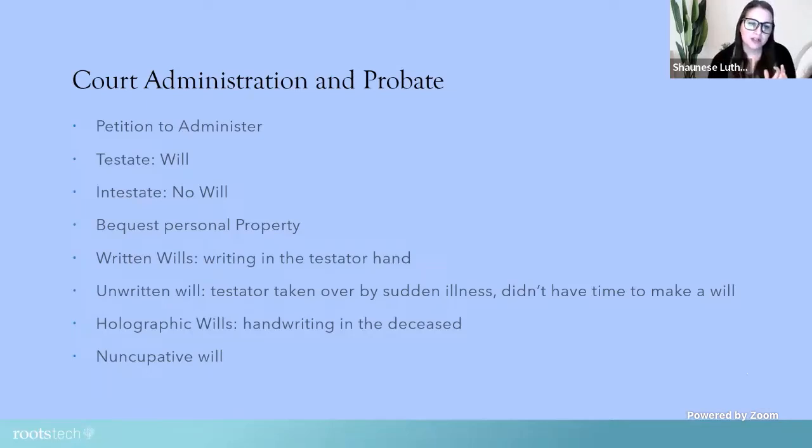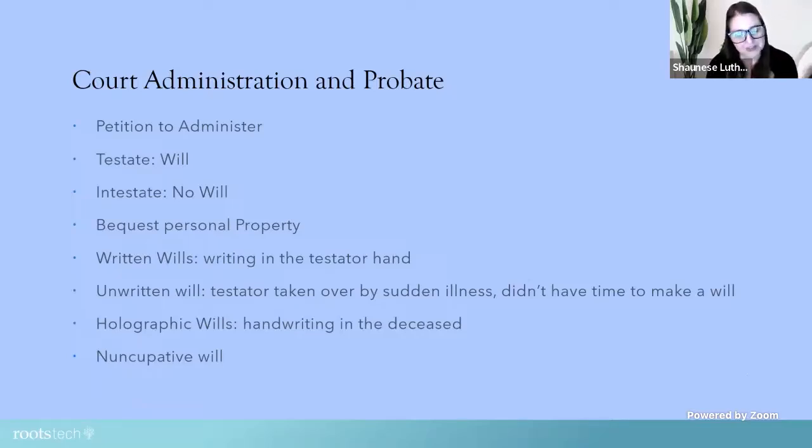An unwritten will is if he or she were taken over by sudden illness, or they died unexpectedly, then they didn't have time to make a will. And then you have the holographic wills, which is handwriting of the deceased. And then the nuncupative will is an oral will. So someone's saying, this is what I want, by mouth. So there's no handwriting or anything.